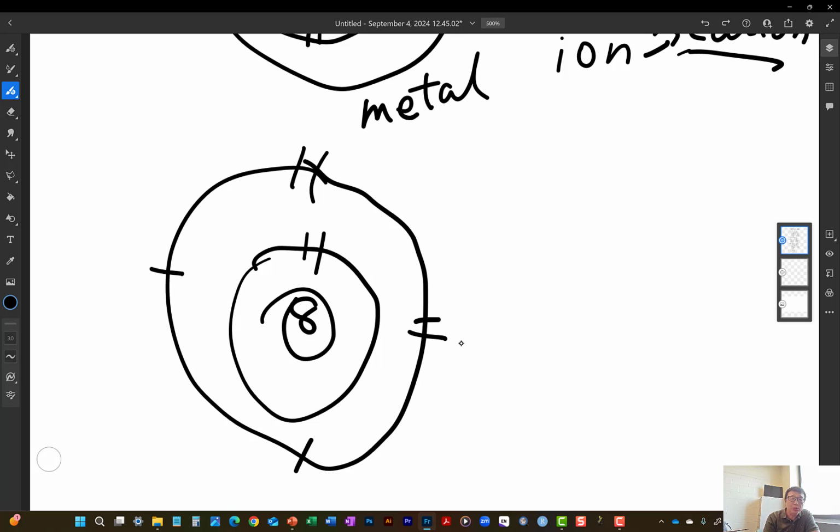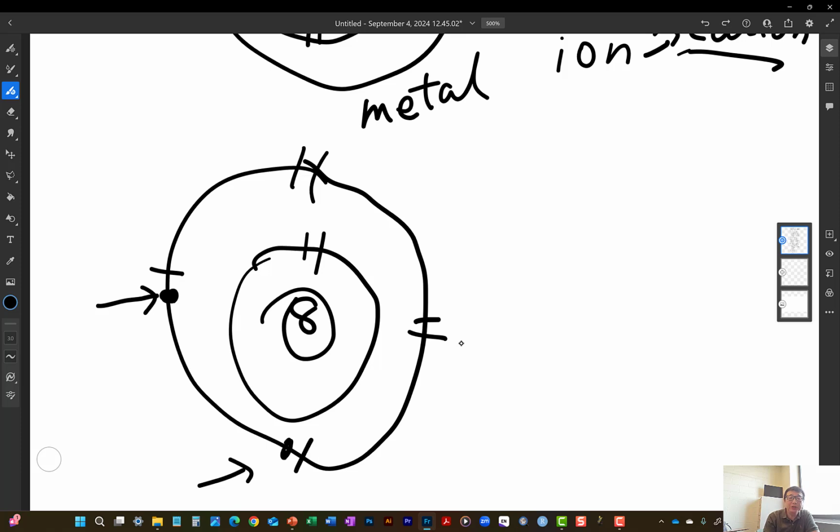It only needs 2 more to fully fill the outer shell, and in this case, the oxygen has a very strong power to acquire another 2 electrons to fully fill its shell 2.